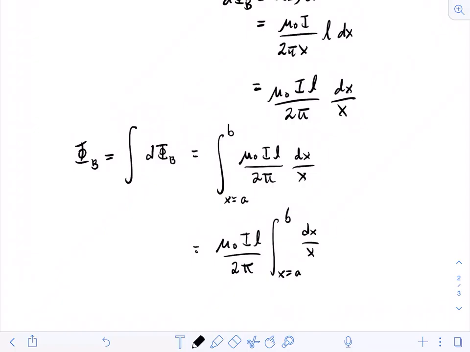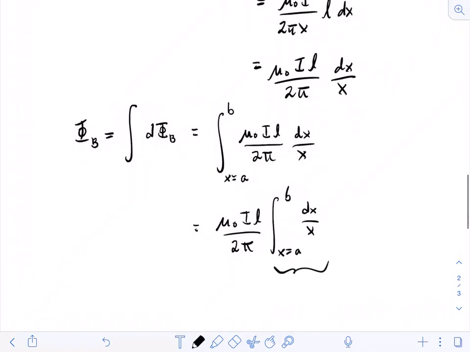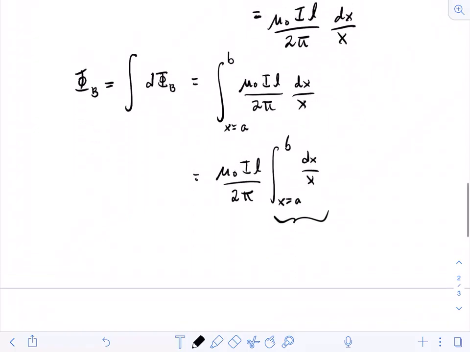Now, we've done this integral before when we were thinking about, for example, the charging and discharging of a capacitor in an RC circuit. And so remember, the solution is ln of x evaluated between x equals a and b.